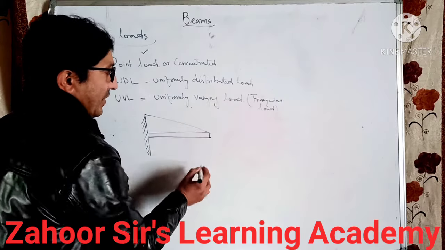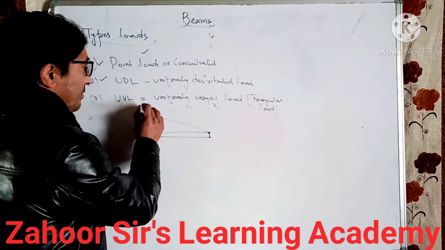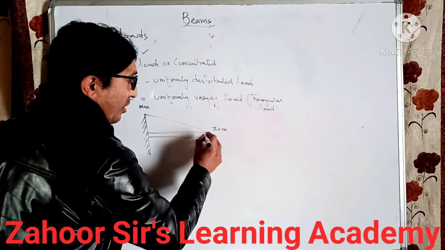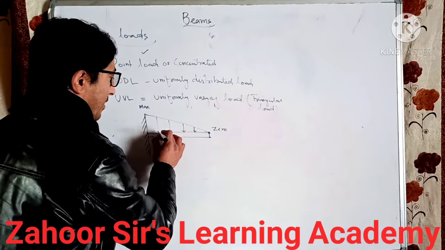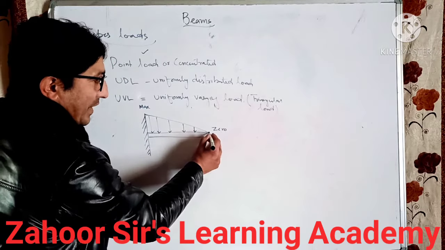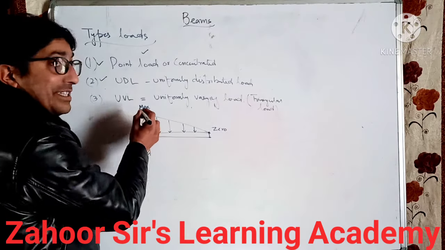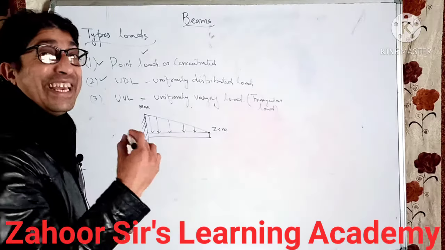Now it is 0 at this point and maximum at the other end. So here the load is 0. At one end it is 0, and at the other end it is maximum. So the load is uniformly varying.